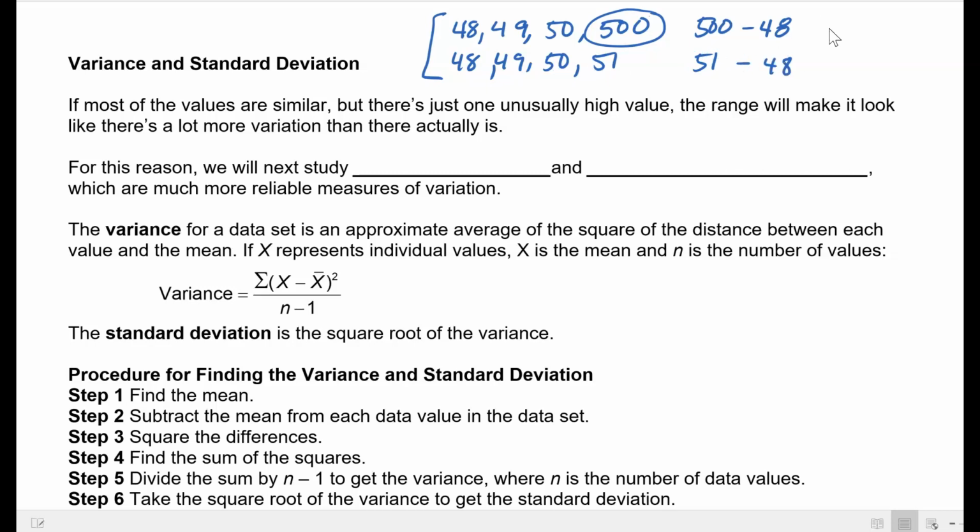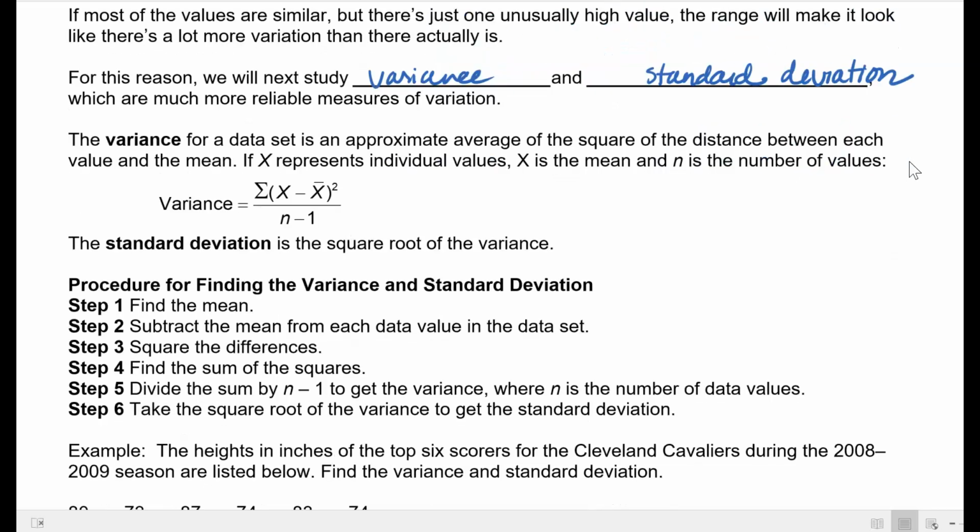So in this case, we're looking at 452 as the range, and the second one, we're looking at 3. We have two lists of numbers that are pretty similar, but this high value, this outlier, really throws the range off. For this reason, we're going to study variance and standard deviation to gain another couple of statistics that we can use to describe the data.